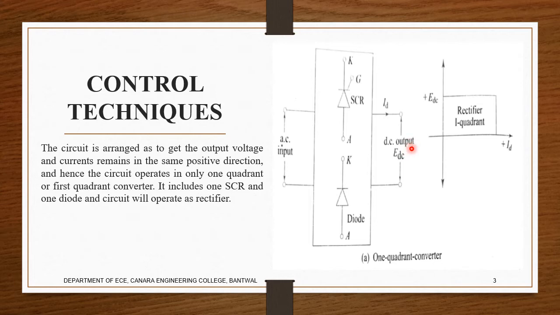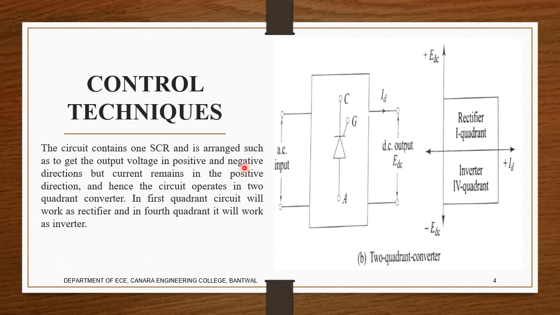As the topic name says, rectifier, we are converting AC to DC. So how will the outputs be? When we give an AC supply with this arrangement, we expect a DC output, and the current will be positive and the voltage will be positive here.